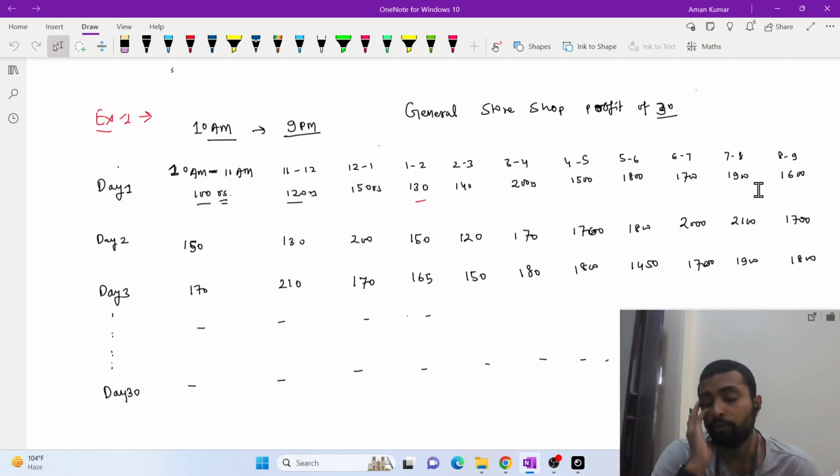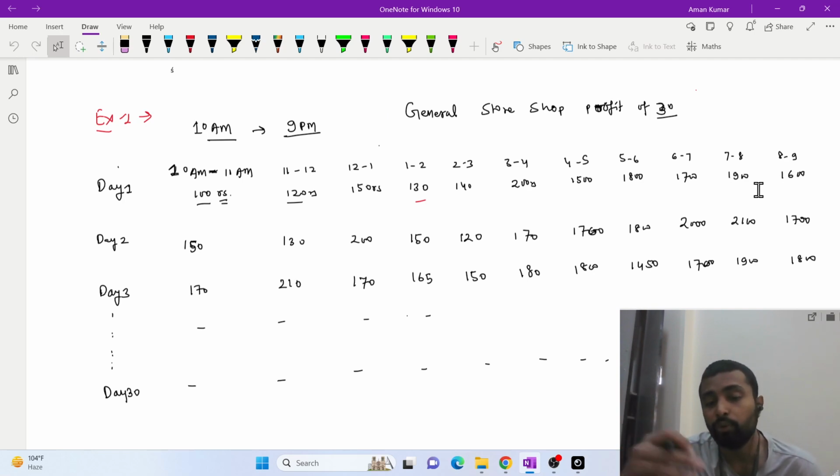The idea was that generally at noon nobody wants to come to the shop, but in the evening people try to come. So after 2 to 3 days, you realize, let's open a new shop, a juice shop, to which a lot of people will come at noon, and it will give high profit.